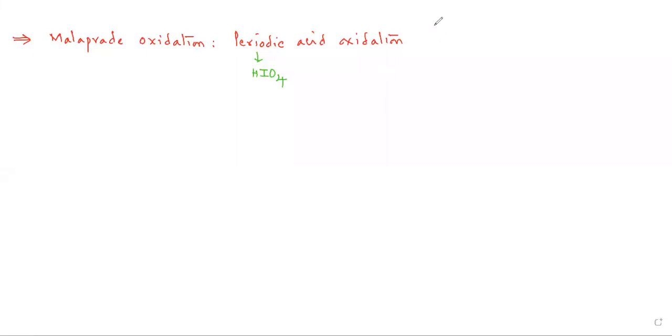Of course, we can use periodic acid or some periodate like sodium periodate or potassium periodate or lead acetate. So this is Malaprade oxidation.